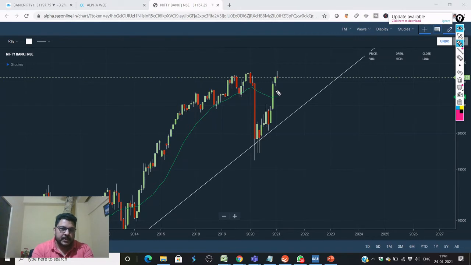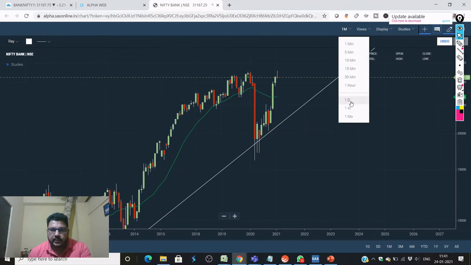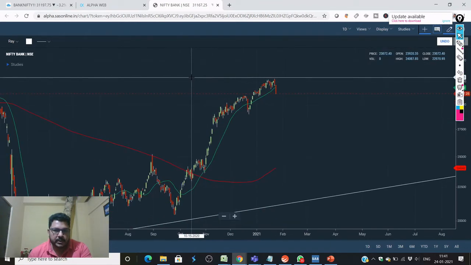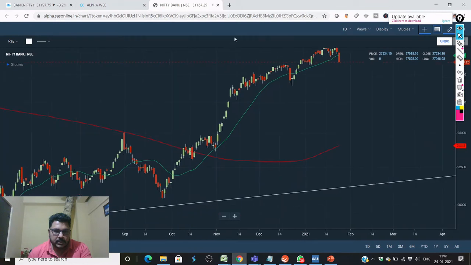So even if you're a long-term trader, for example, if you are a swing trader and you are expecting an entry when the price crosses the 20 period moving average, you can definitely enter here.